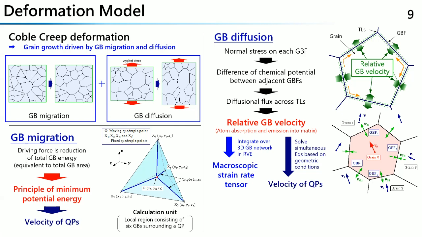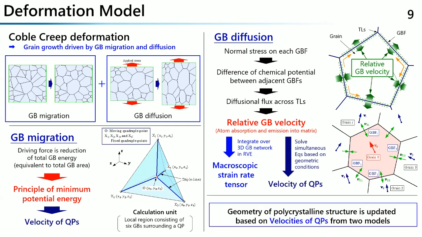And then as a summation of the diffusion flux, we can evaluate the relative grain boundary velocity, which is a key parameter to describe this phenomenon. Microscopic strain rate tensor and velocity of the quadruple points can be evaluated based on this relative grain boundary velocity. And the geometry of the polycrystalline structure is updated based on the velocity of the quadruple points from these two models.